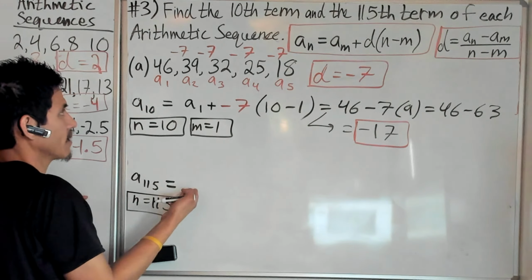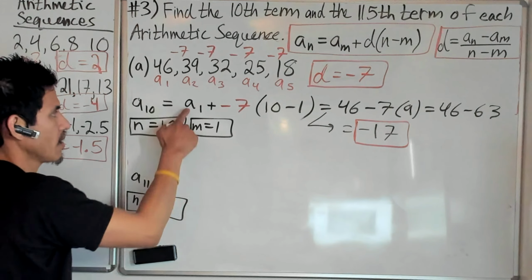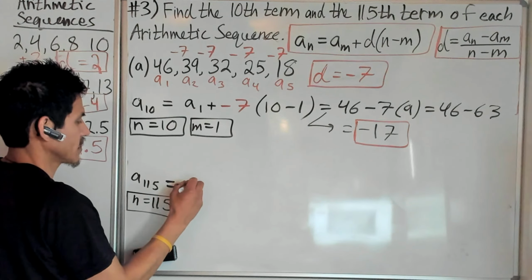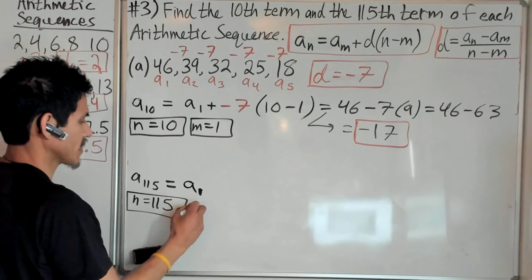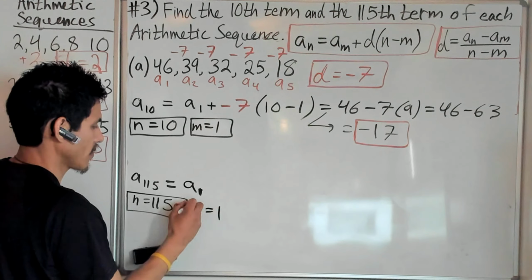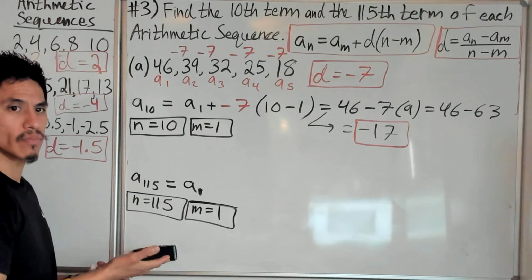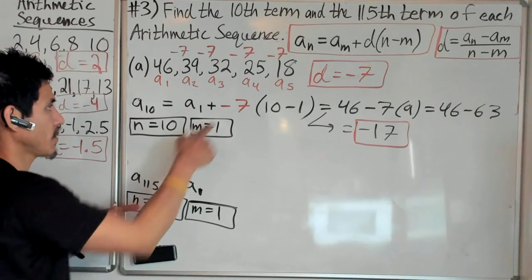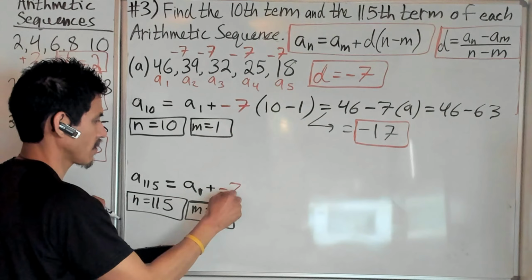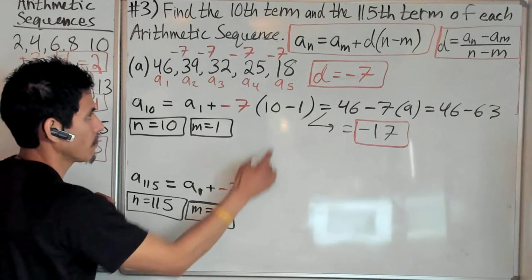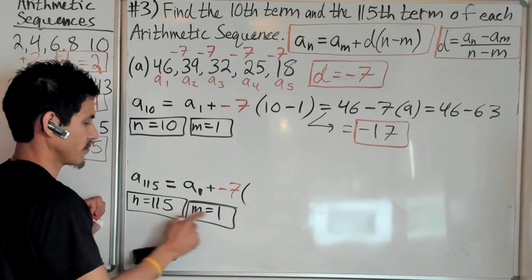We can make it A1 again, and in the next example I'll show you a different way. It could be the same one, that's completely fine, so m is 1. The common difference is the same, -7. But we're going to have n minus m inside the parentheses, or 115 minus 1.